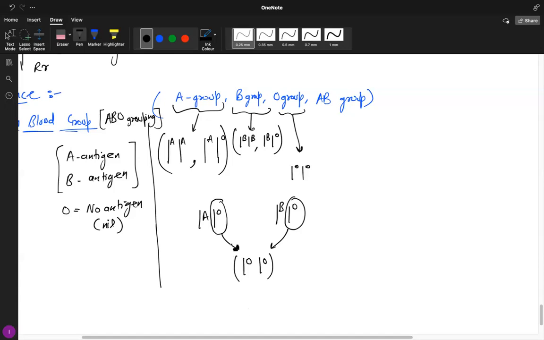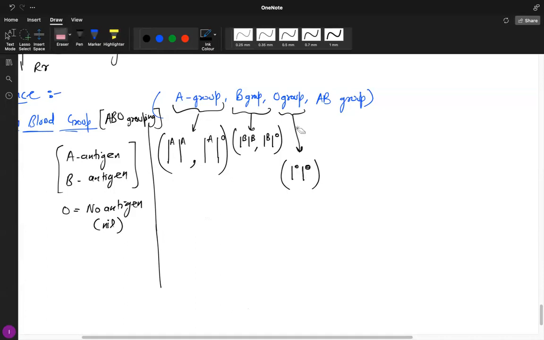So your parent could be anything, A, B, or O, and the kid can be O group, but there is only one possibility for the progeny to be O group, and that is that it gets IOIO from both the parents. Is that clear?